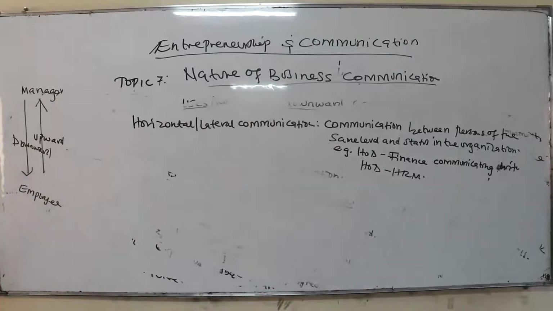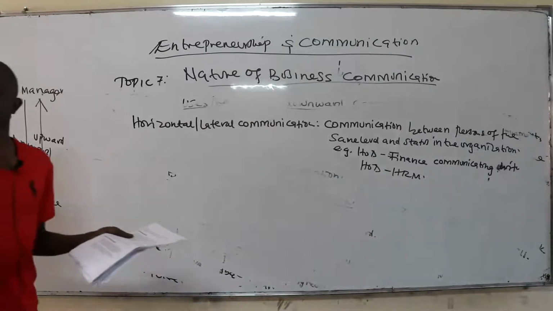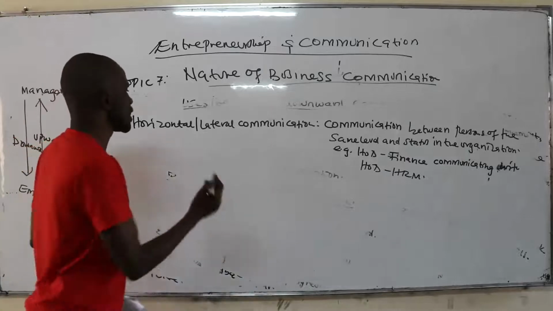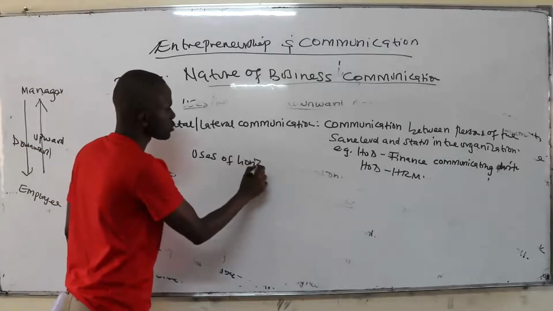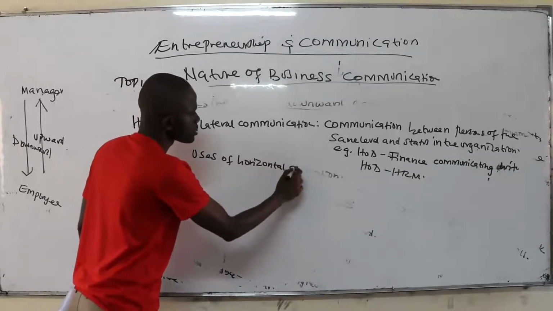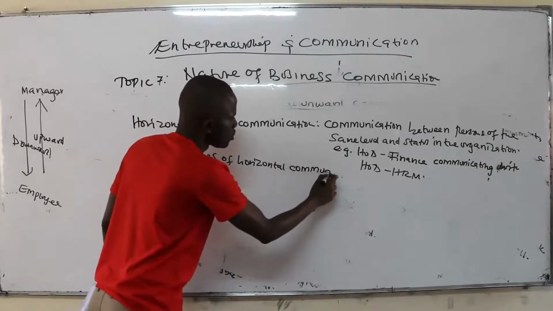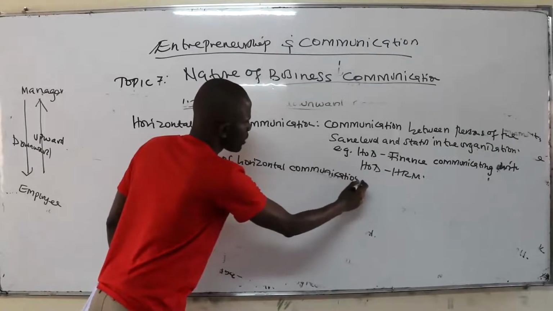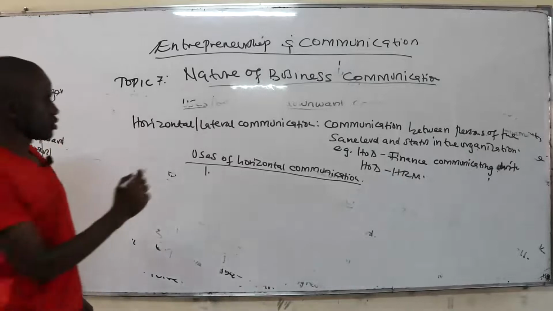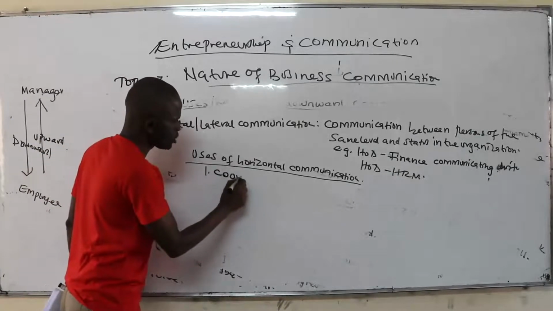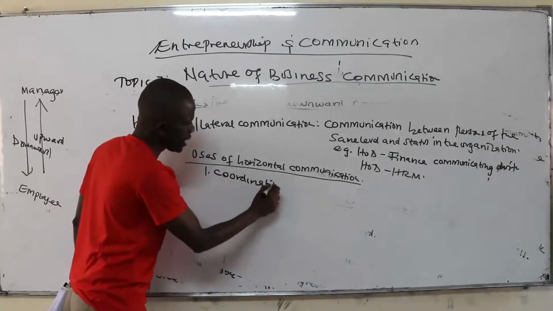Why would it be necessary? Why do they communicate? The uses of horizontal communication. Number one is coordination. They need to coordinate.